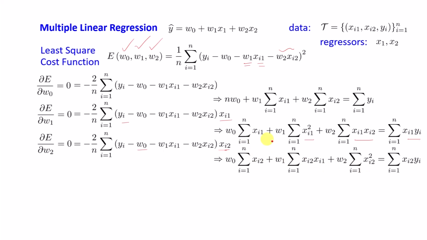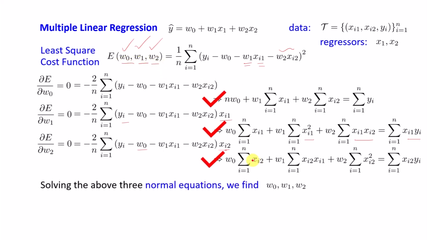Therefore, we now have 3 equations, and we have exactly 3 unknowns, this W0, W1 and W2. So we should be able to solve these 3 equations, and we'll get these 3 unknowns W0, W1, W2. That solves our problem.